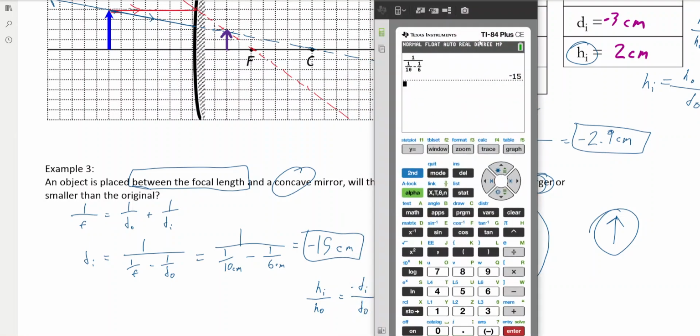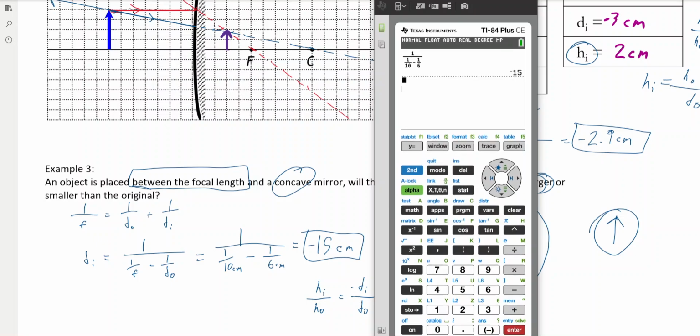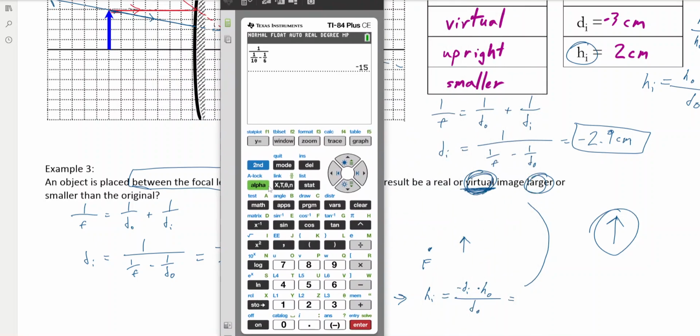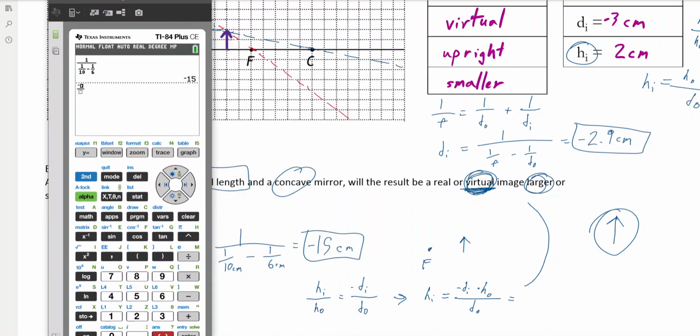Okay, and again we can plug this into our calculator. Negative DI was 15, but it's a double negative because it's negative times a negative 15 times the HO, and again we can put in whatever number we want.